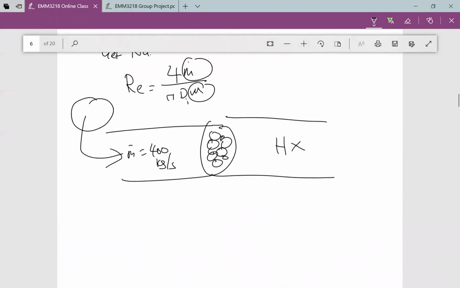Okay. So then this fluid, which is coming at m dot 400, is now flowing everywhere inside those 1,000 heat exchanger tubes. Heat exchanger with 1,000 tubes. Okay, so for each tube, what will be the m dot?